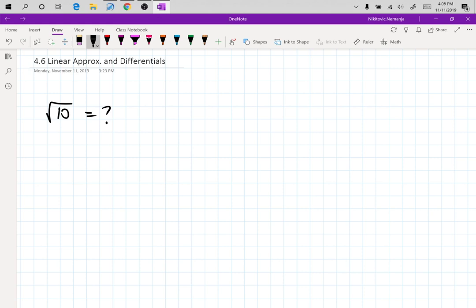Well, if you consider the function called square root, and that there is a value 10 somewhere on that, what you know is that you can compute it at 9, because square root of 9 is 3.